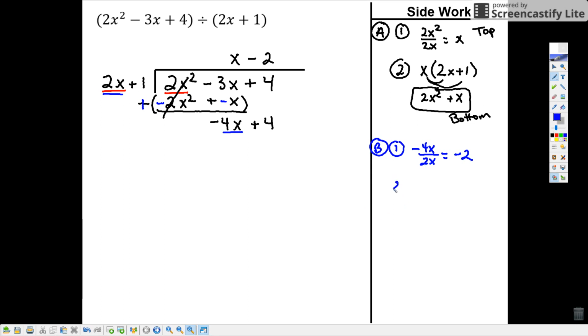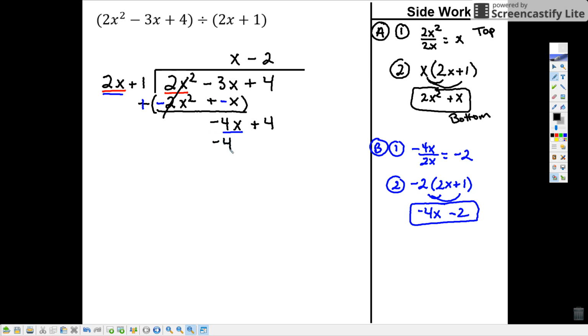I'm going to take that negative 2 I just found and multiply it by the divisor once again. So 2x plus 1. And then I distribute. So I get negative 4x minus 2. Remember, I put that on the bottom once I get that.